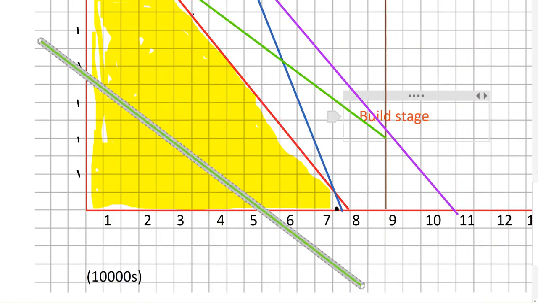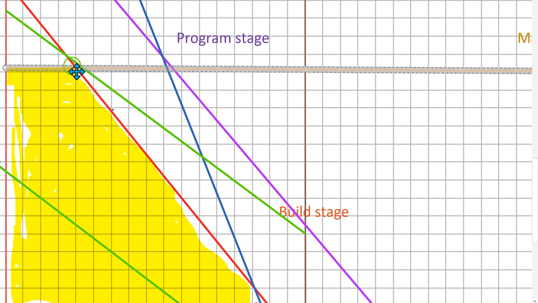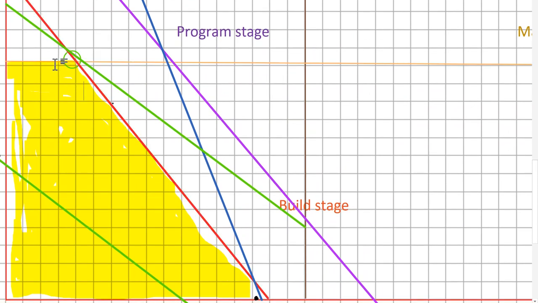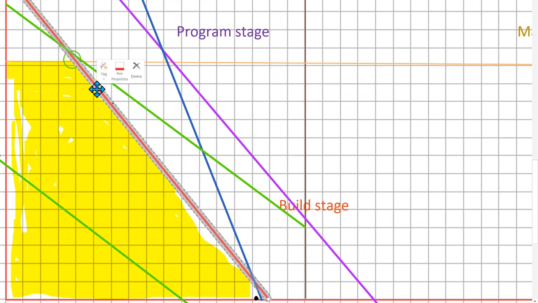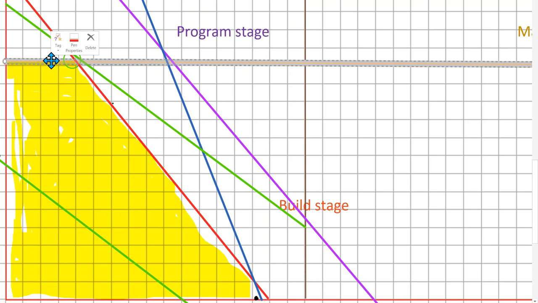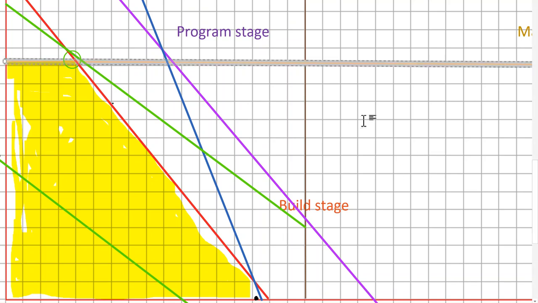I've basically copy pasted this line here, and this is the corner that it exits last, and this is our optimal point. At this optimal point, you can see we have the cross between maximum units of Y and the build stage. So at our optimal point, we have maximum units of Y, which is 66,000 units.